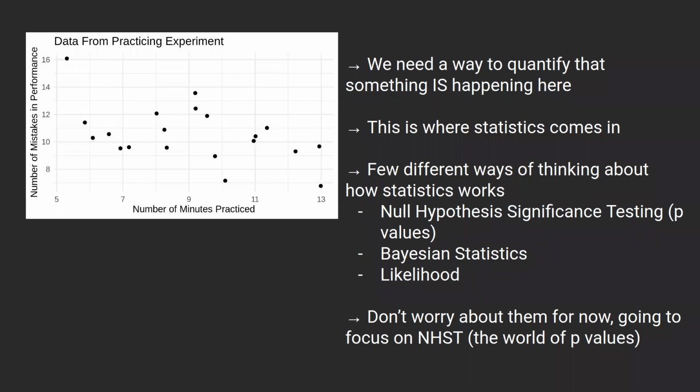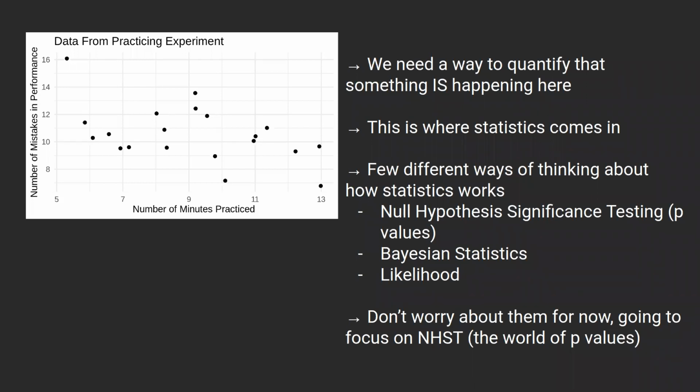In addition, there's Bayesian statistics, which has become much more popular recently because computers have become a lot better. But there's also a third one called likelihood, proposed by Royall, I want to say in the 70s or the 80s, that is also a way to think about how statistics works.